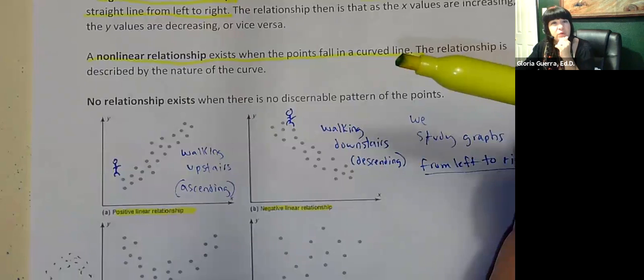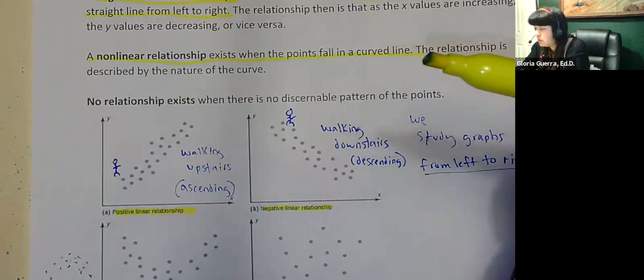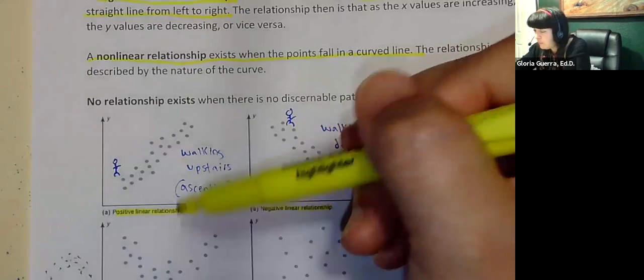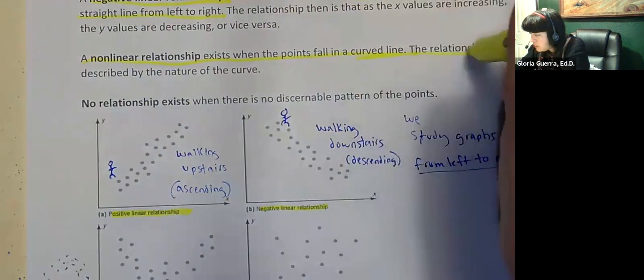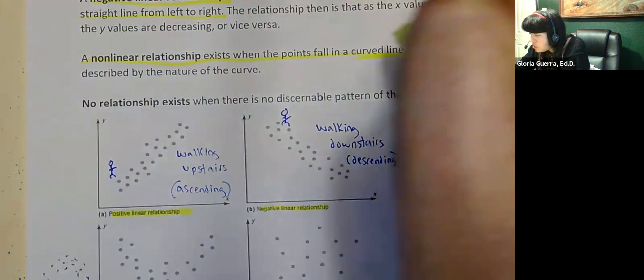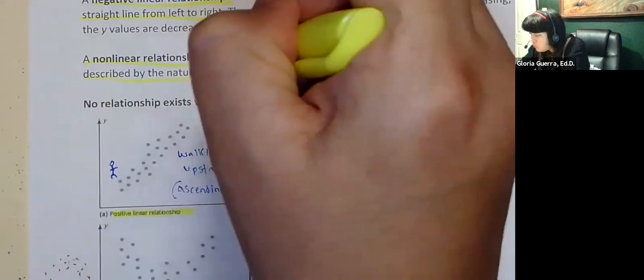I don't remember them putting any nonlinear relationships, but that's kind of what it would look like. Nonlinear relationships exist when the points fall in a curved line. The relationship is described by the nature of the curve.